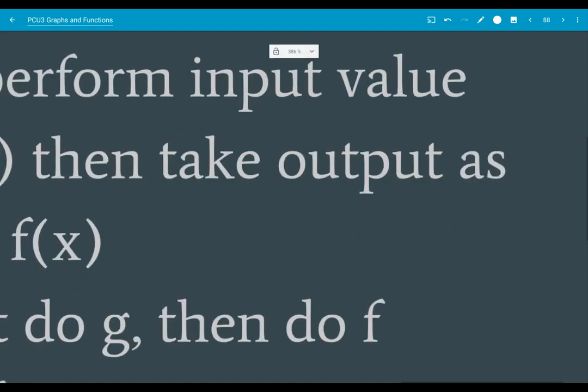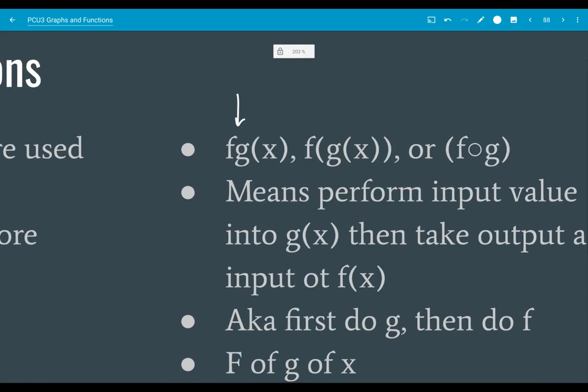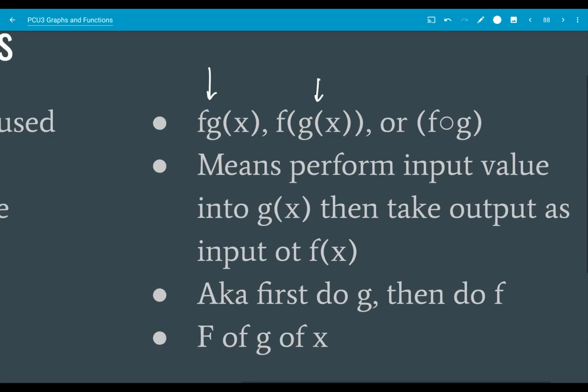We have the over parenthesized version, where you can clearly see that g of x is inside of f of x. And then we also have fog notation, where there's an open circle. That's f of g, or fog notation.